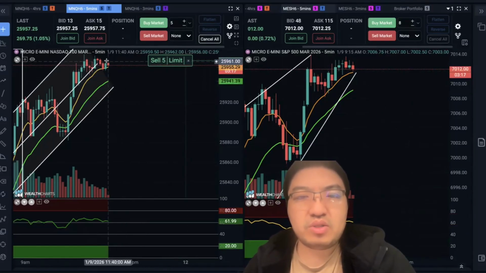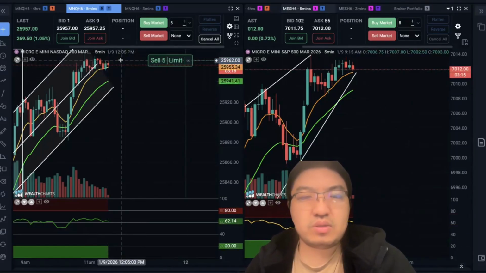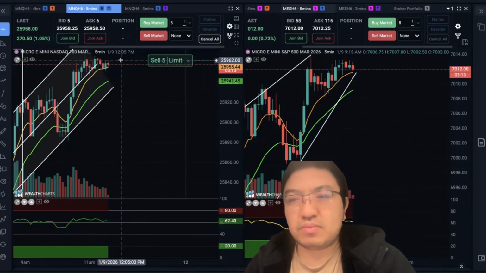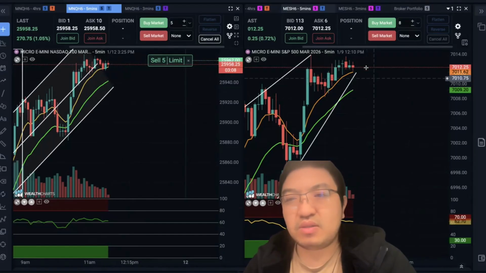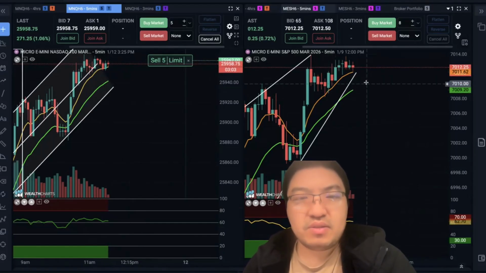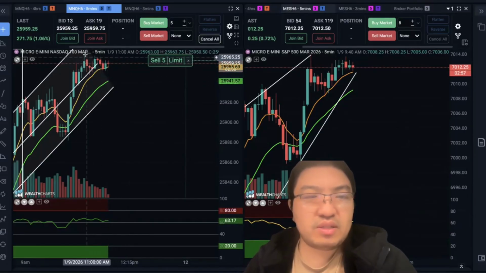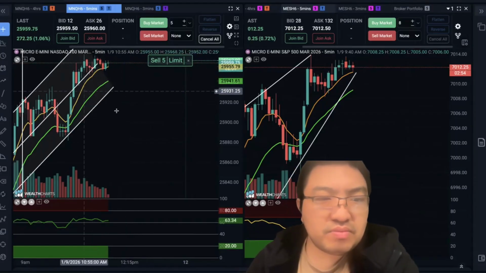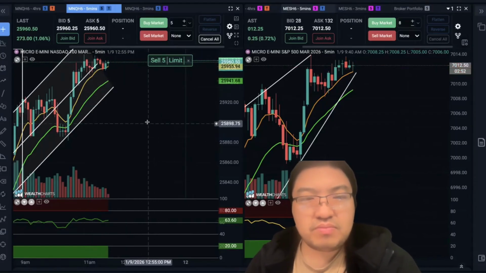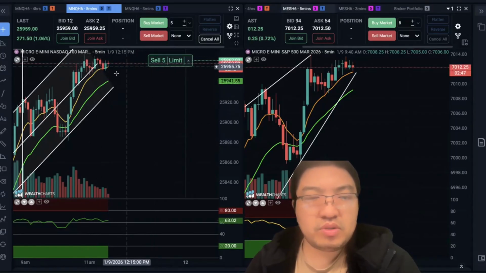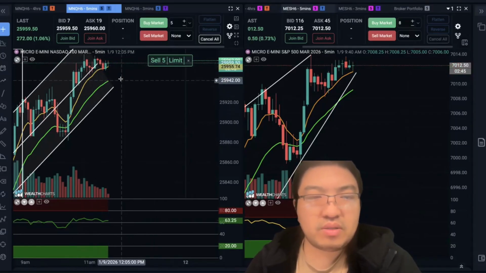Don't increase position, because this is still sideways, like a bull flag. For NQ, it looks like a sideways triangle.